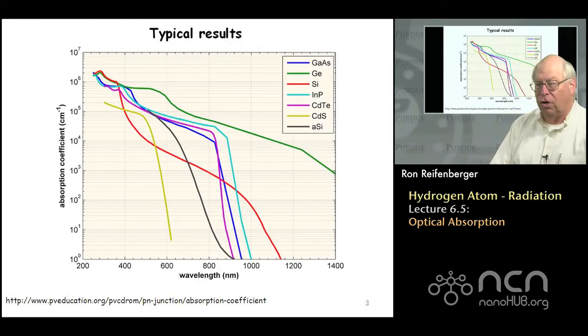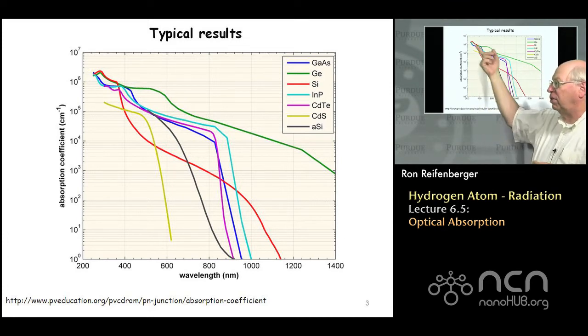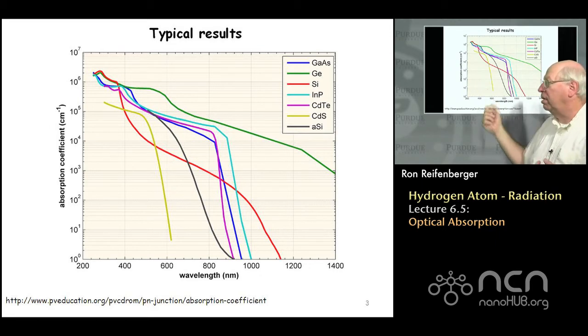Nowadays, these absorption coefficients are published everywhere. I'll give you an example of the absorption coefficient versus wavelength for a number of interesting semiconducting materials. What you learn from this diagram is that the absorption coefficient changes by quite a bit. It changes by about a factor of 1 million over a very small range of wavelengths.